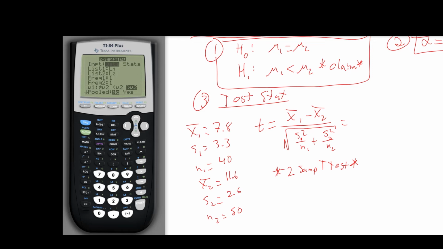Now in this case, they actually do give us stats. We don't have data here. So we're going to go ahead and go over to stat, press enter on that. And you see how all the inputs change here. Now let's just go ahead and copy down what we have here.